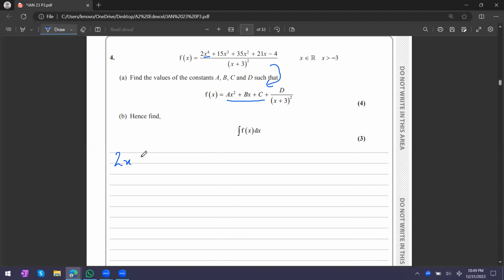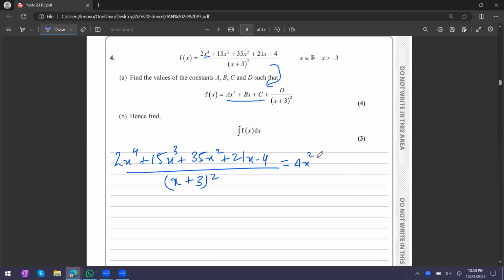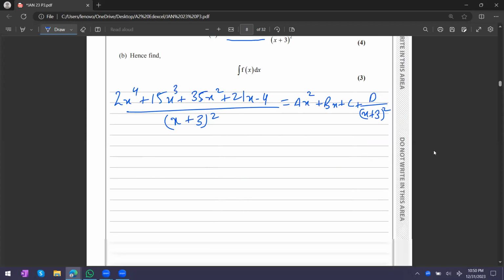You can do 2x raised to power 4 ... cube. This has to be equated to this partial fraction form. Okay, so what you need to do is multiply both sides with x plus 3 whole square.